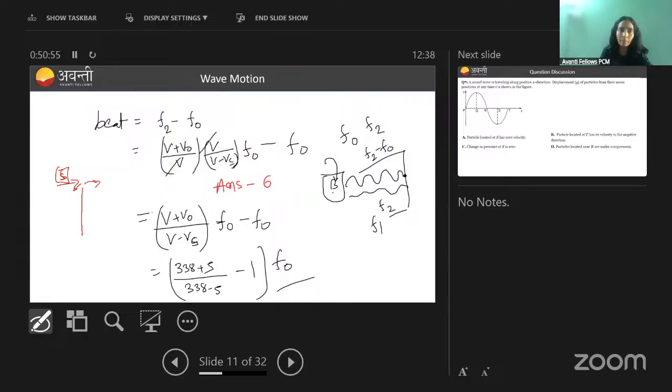In the first case observer is moving towards the source, and in the second case observer is moving away from the source. Done? So two different frequencies it will hear, one because of observer moving towards source, another because of observer moving away from the source.